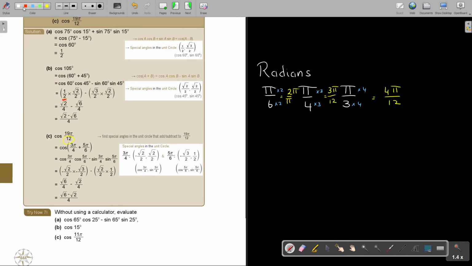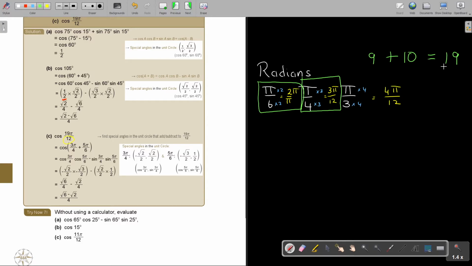Do you agree that this one I can go to 9, and this one I can go to 10? Do you agree? Because if I have 9 plus 10, I will get 19.